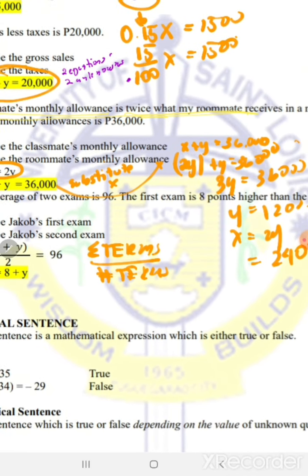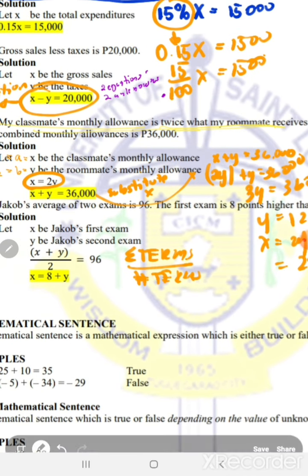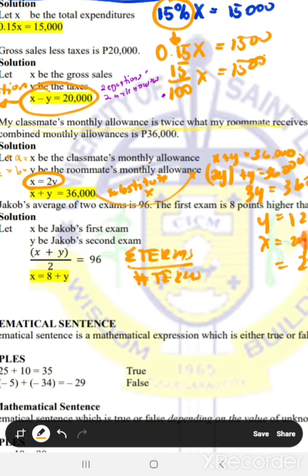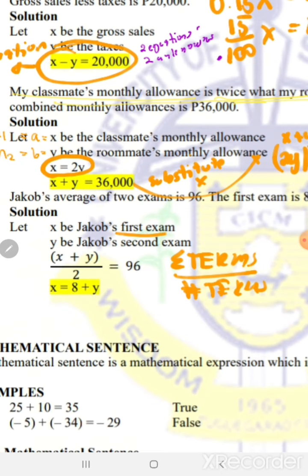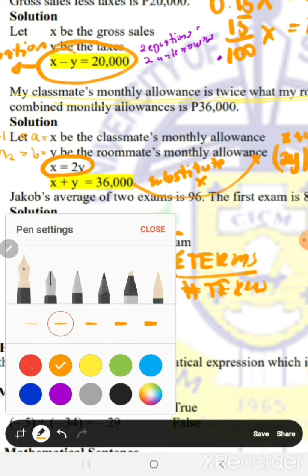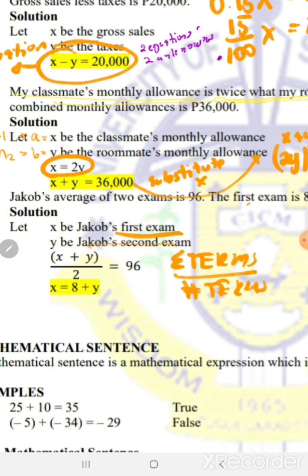Your X is defined as Jacob's first exam, and your Y is defined as Jacob's second exam.